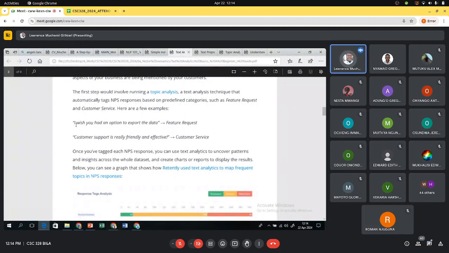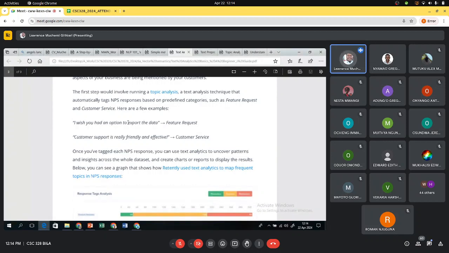Like now in this one, you'd have, I wish, an option to export the data. So here I might say one of them is data. But now you can see, from what we learned earlier today, we are describing the data. So we are saying export the data. So the whole of this, export the data, can be taken as one noun phrase, isn't it? Data is the main noun. But export the data is a noun phrase.